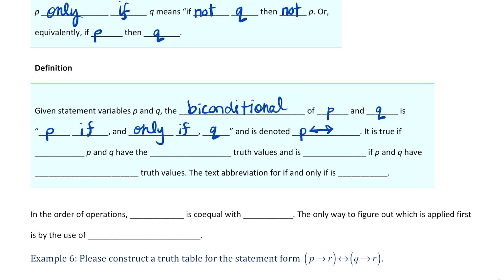It means that the statement goes both ways logically. So it means if P then Q and if Q then P.